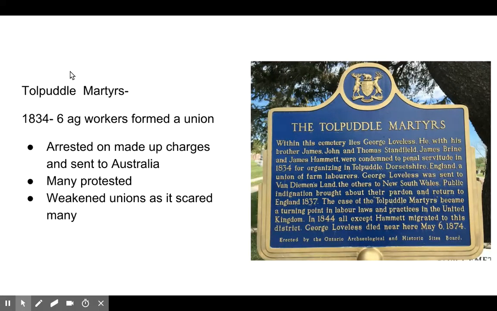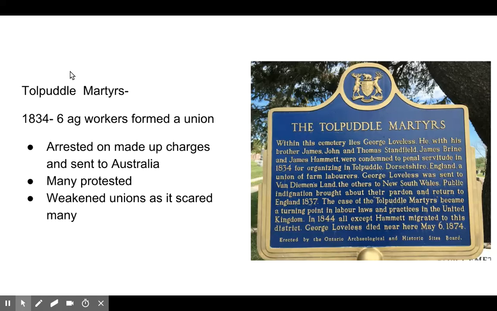We also have an example of government stepping in to prevent unions with the Tolpuddle Martyrs. Here, 6 agricultural workers, and it mentions their names there on the right, made a union.